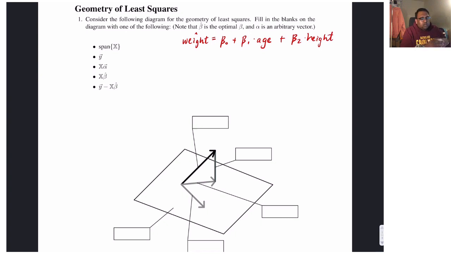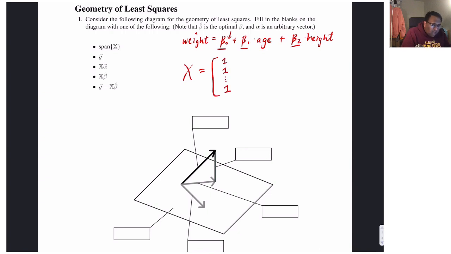Okay, so I've gone out in the real world, collected age, height, and weight. This is the model that I want to try and fit, right? So my goal is to figure out what the values of these betas are. And so now in creating my X matrix or my design matrix, I'll have 3 columns, right? Because I have 3 features. One, which I'm implicitly multiplying by beta naught here, is a column of all ones.